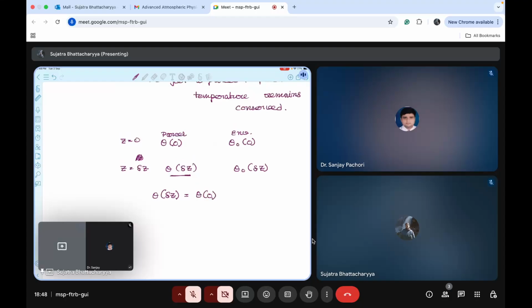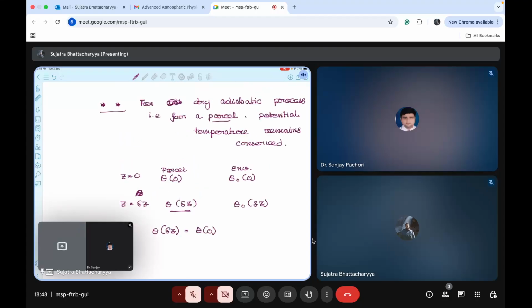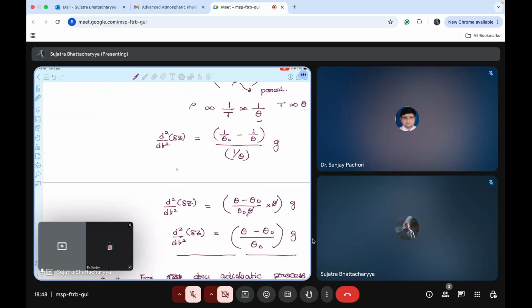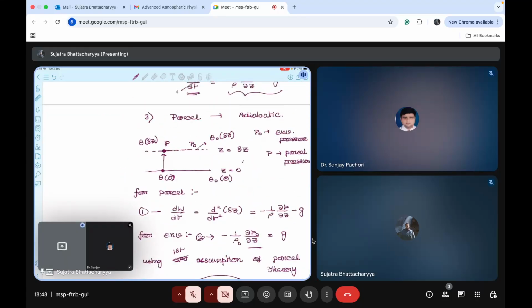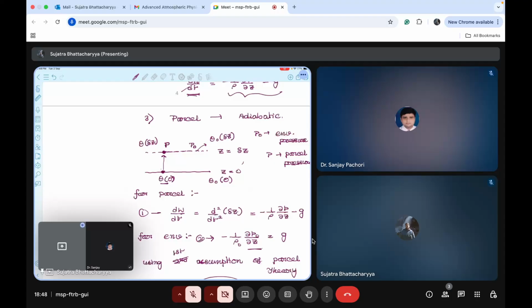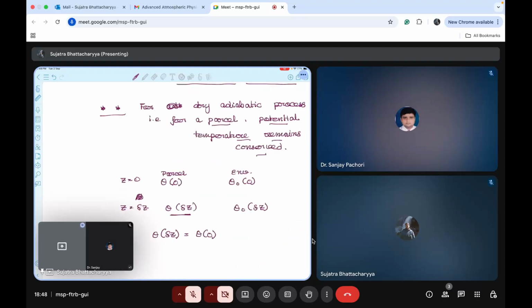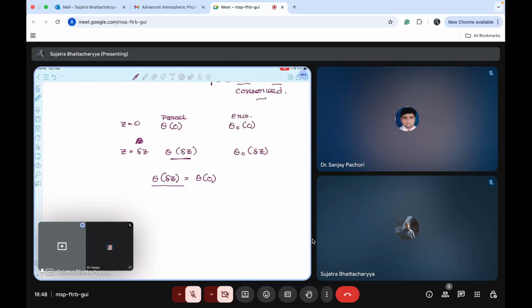Why? Because the parcel follows an adiabatic process, hence the potential temperature remains conserved. Whatever it started from, it will remain. Whatever theta of 0 it has, it will have the same theta of 0 as theta of delta z. This is very important.